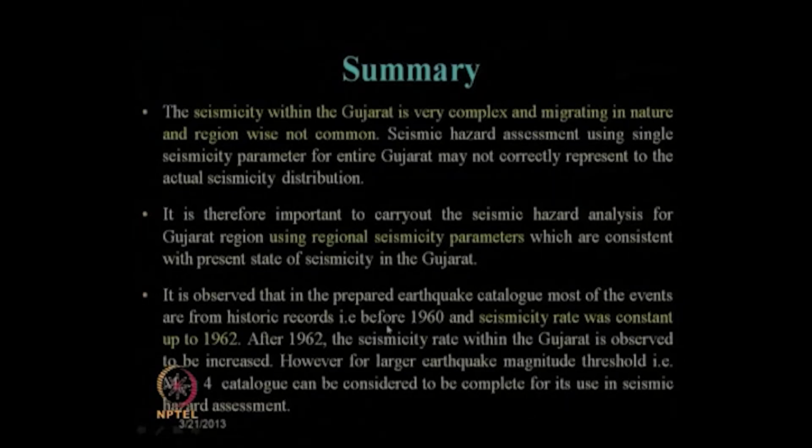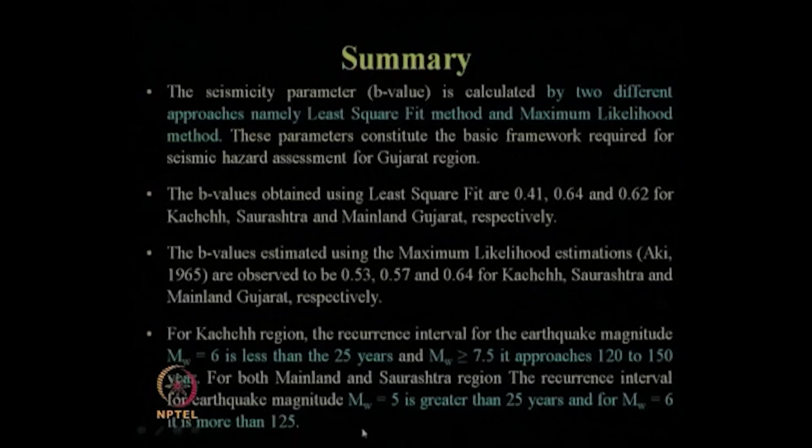It is observed that in the prepared earthquake catalogue, for most of the historic events, the seismicity rate changes from 1962 onwards, that is, the seismicity rate has increased for the Gujarat region from 1962 till date. Then we have seen, among the 2 methods we have used for obtaining the b value, one is least square fit and the other is maximum likelihood method.